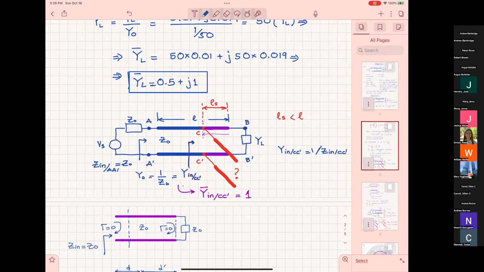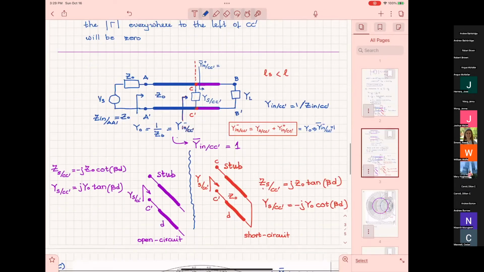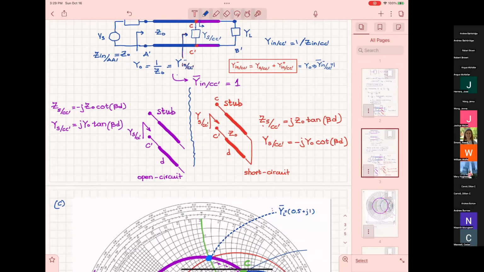No, because it's the impedance of the stub. When I look at the impedance of the stub, I don't care where it is located. The impedance Y sub S of the stub only depends on the stub itself. The impedance of the stub does not change when you place the stub in different locations.